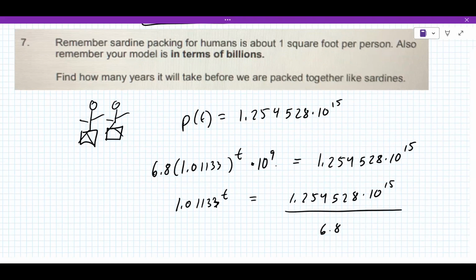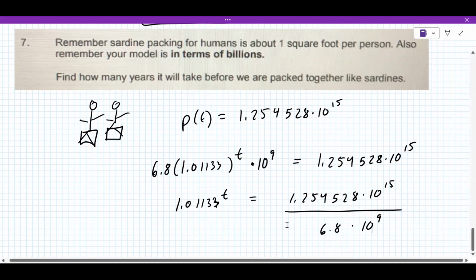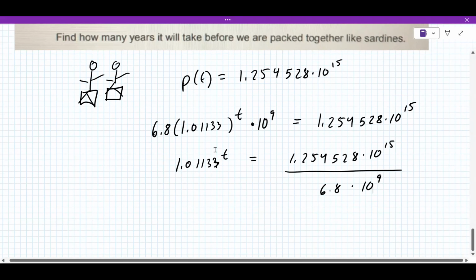Over 6.8 times 10 to the 9th, like that. So we'll get some number there. And then you remember from class how to undo this, how to undo a variable out of the exponent? So it's logarithms. Hopefully you've seen that before.